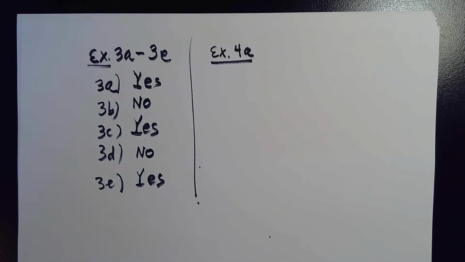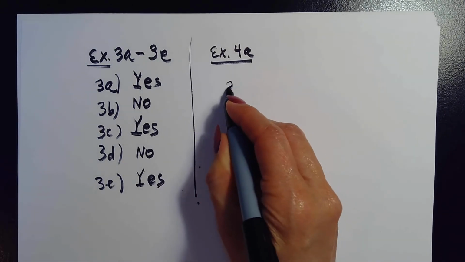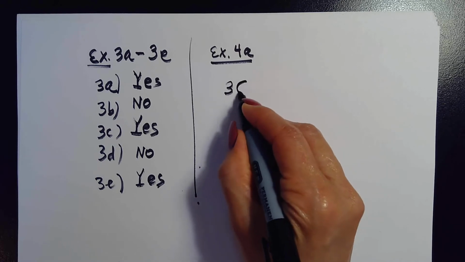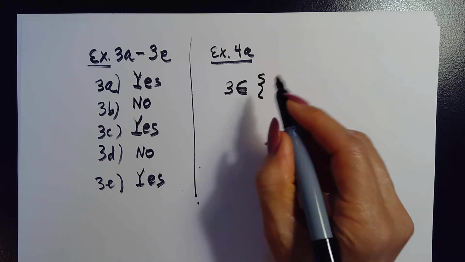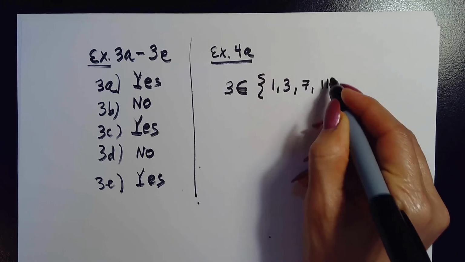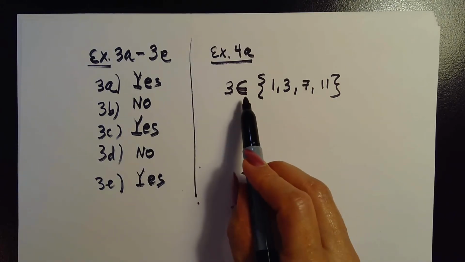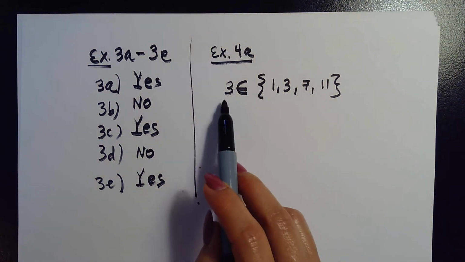Okay, so when you see, for example, 4A says 3, and then there's the symbol ∈, right? And then inside there's 1, 3, 7, and 11. The ∈ represents element of, or belongs to.